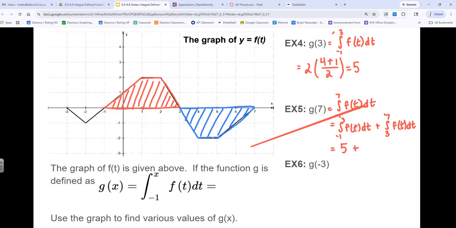You can do the full work for it if you want. The height of that trapezoid is 2. The top base is 4, the bottom base is 1. We divide that by 2. But since this is below the x-axis, what do I have to do? It's going to be negative right there. So whenever I complete that, I will get 5 minus 5 and just get 0 for that value.